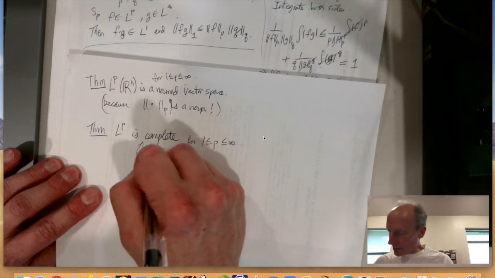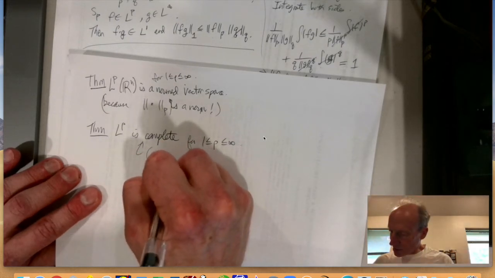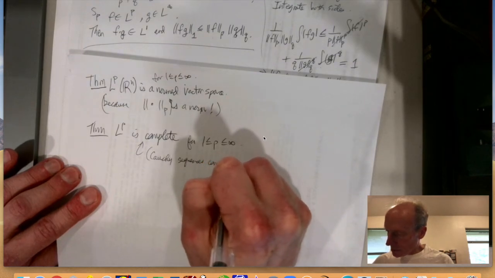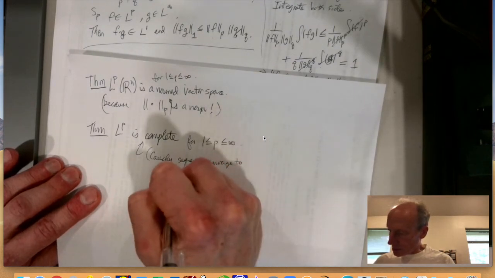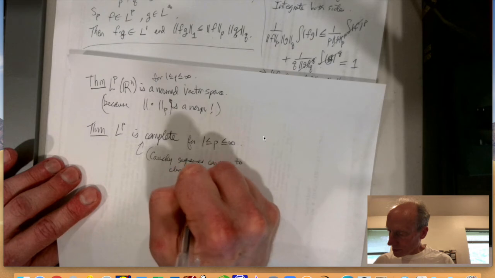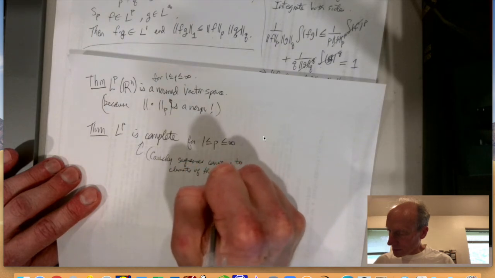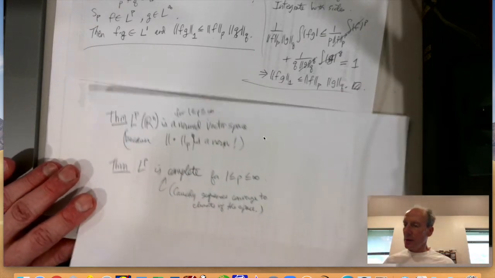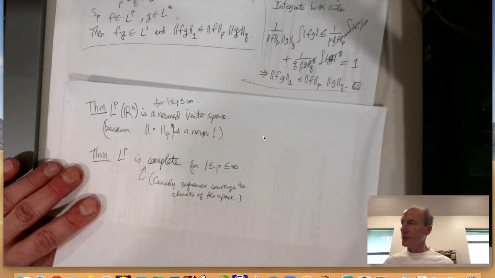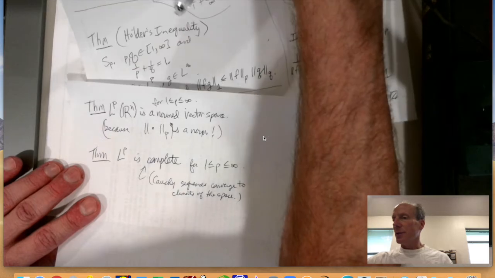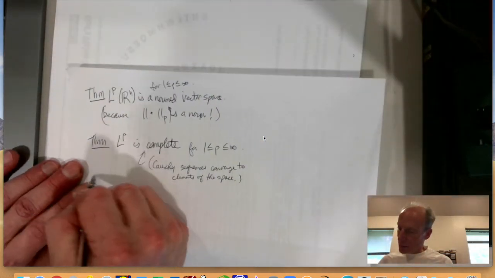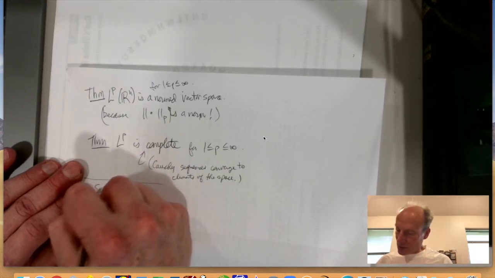This means that Cauchy sequences converge to elements of the space. And yeah, that's really good stuff there. Again, the proof of that is in the book, and it's similar.